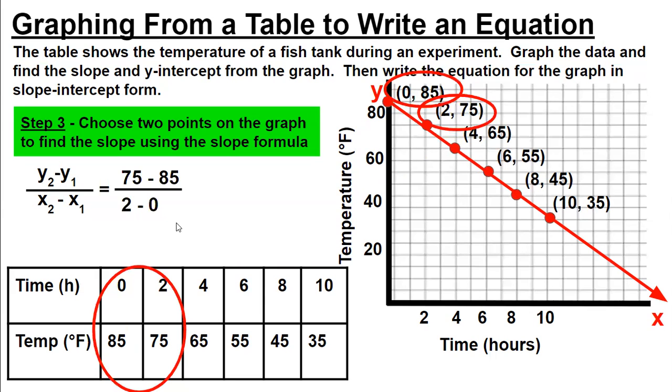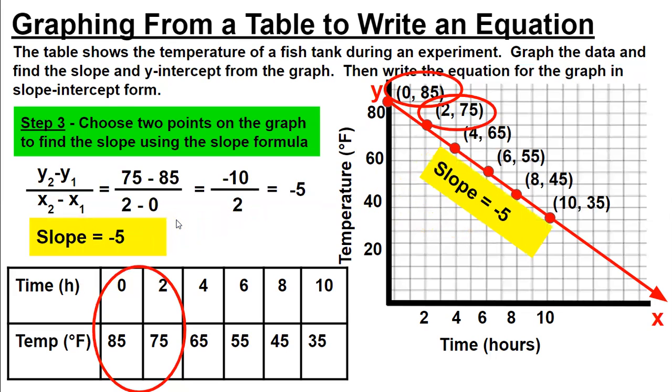So we're going to end up with a negative number for our slope. And then 2 minus 0 on the x values. Do the math, and you get negative 10 over 2, and then you divide that, and you get negative 5, because negative 10 divided by positive 2 is negative 5. So that is our slope. Slope is equal to negative 5.